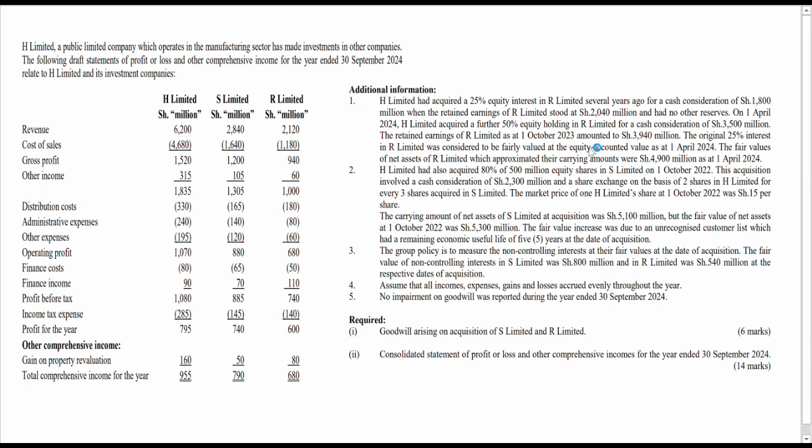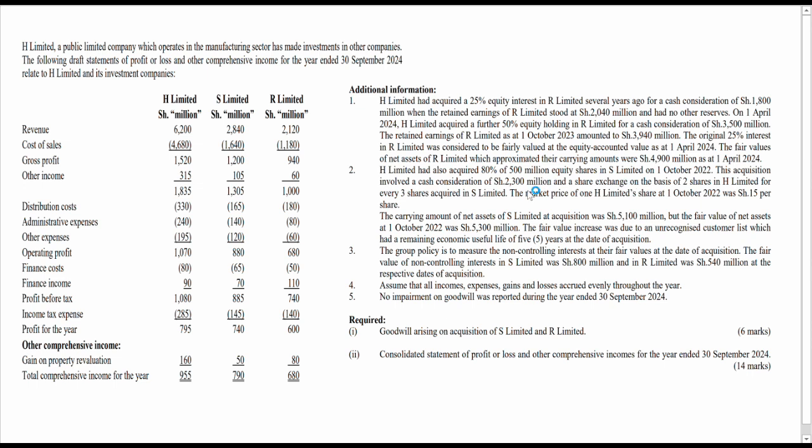The retained earnings of R Limited as at 1st October 2023 amounted to 3,940 million. The original 25% interest in R Limited was considered to be fairly valued at the equity accounted value as at 1st April 2024. The fair values of net assets of R Limited, which approximated their carrying amounts, were 4,900 million as at 1st April 2024.